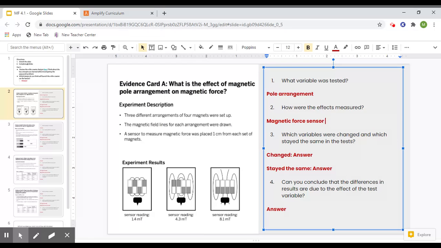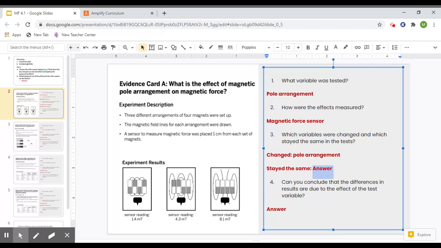Which variables were changed and which stayed the same? So looking here, what changed? It should be the same as your test variable. So what changed was my pole arrangement. And if I saw here that also the number of magnets were changed, I would put that here too. But luckily here, it looks like everything else is the same.